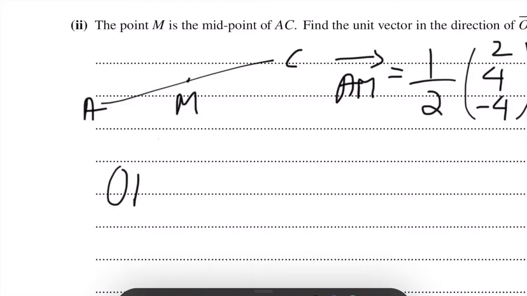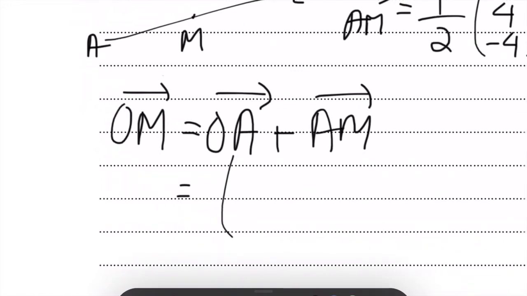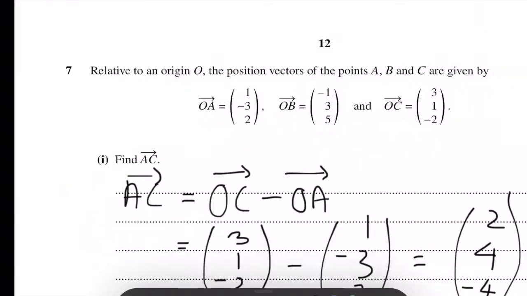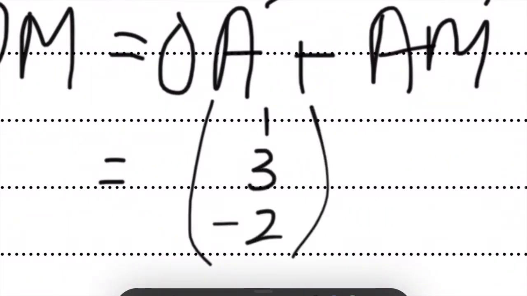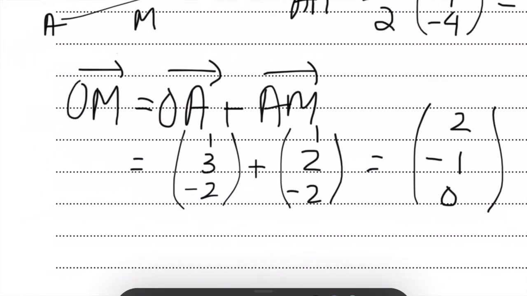In order to find OM, we need to add OA and AM together. OA is what we have there. And AM is what we got earlier. This will give us 2, negative 1, 0.